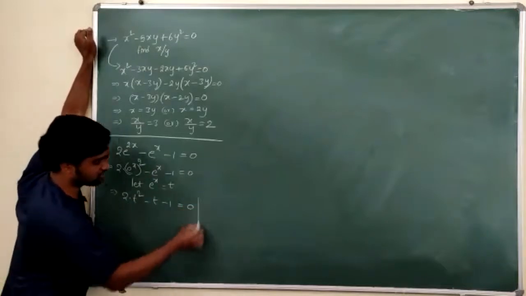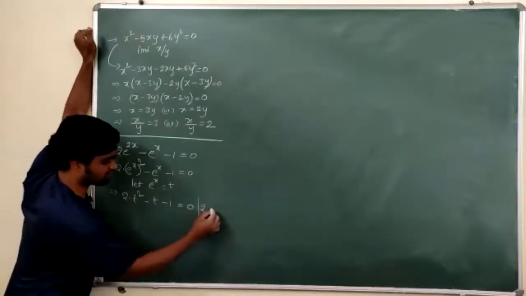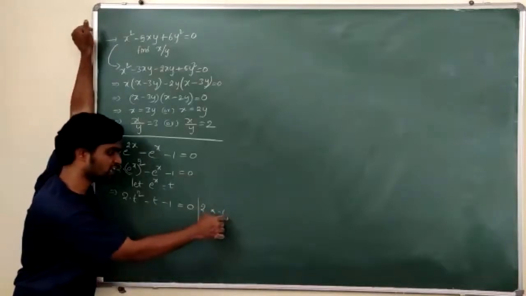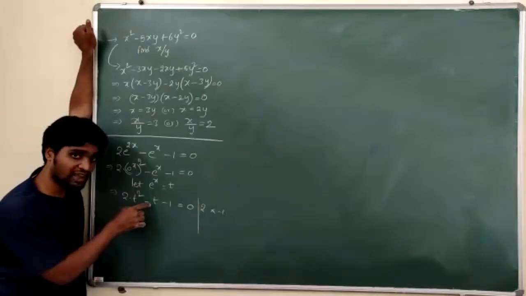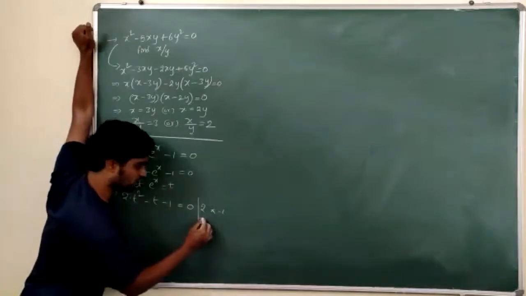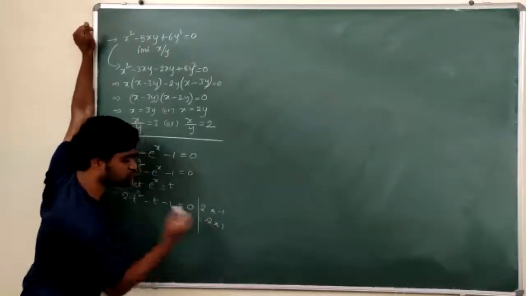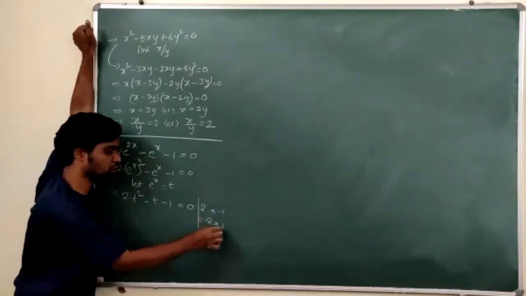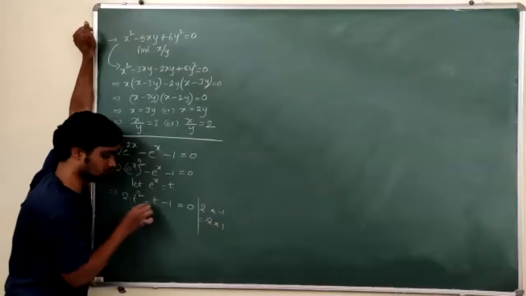So factorization: 2 into minus 1. What is 2 minus 1? 1. But what do I need? I need minus 1. So can I write it as minus 2 into 1? Yes, minus 2 into 1. Now what is minus 2 plus 1? Minus 1.